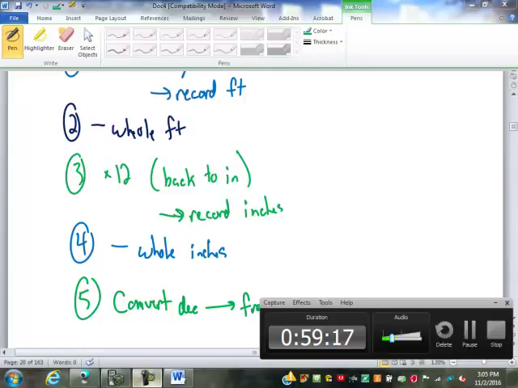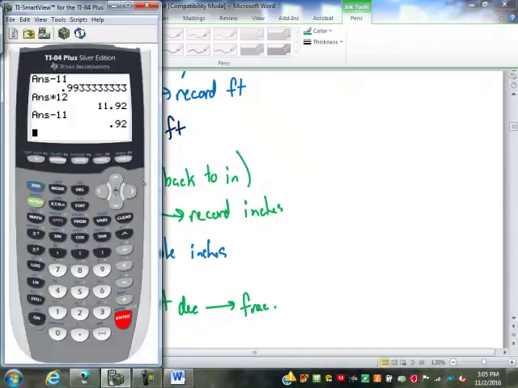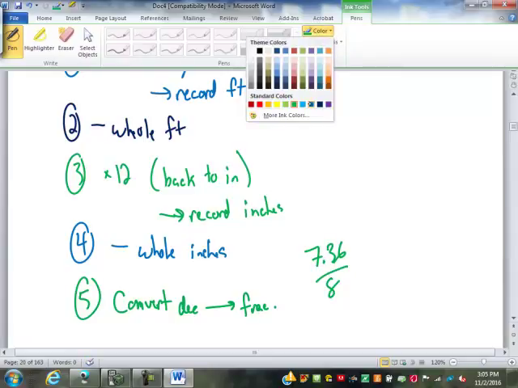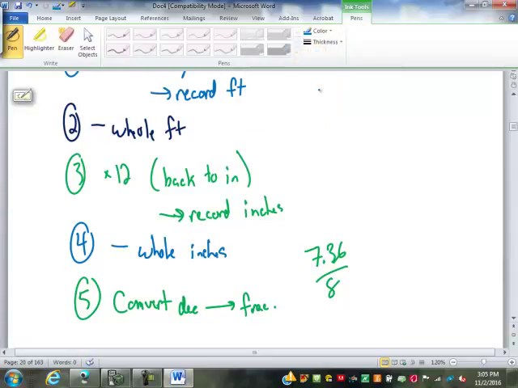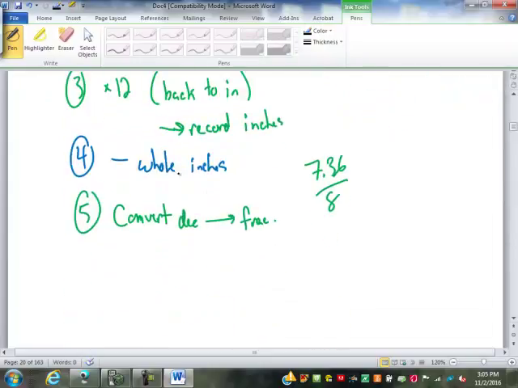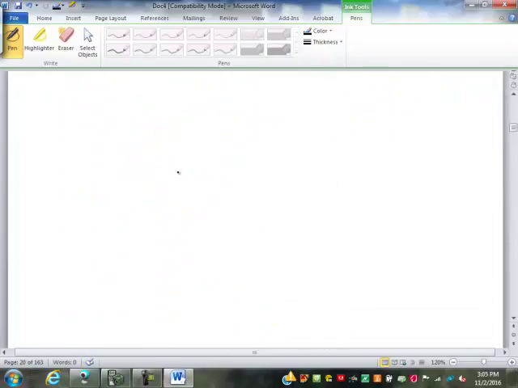So I wanted this to be to the nearest eighth inch. So I'm going to multiply 0.92 times 8, which is going to be 7.36. So that's saying 7.36 eighths. Is that closer to 7 or closer to 8? It's slightly closer to 7. So that's 11 feet, 8 and 7/8 inches. I'm going to ask you guys to try one of those in your notes for me quick.